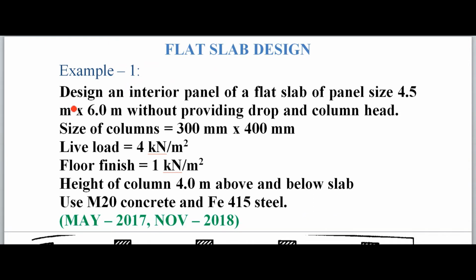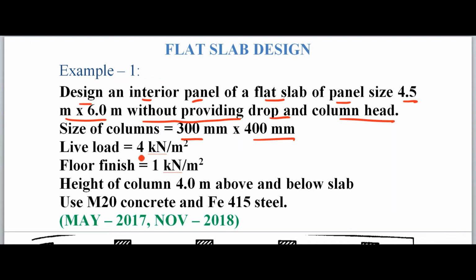First is: design an interior panel of a flat slab of panel size 4.5 by 6 meter, without providing drop and column head. And size of column is 300 mm by 400 mm.